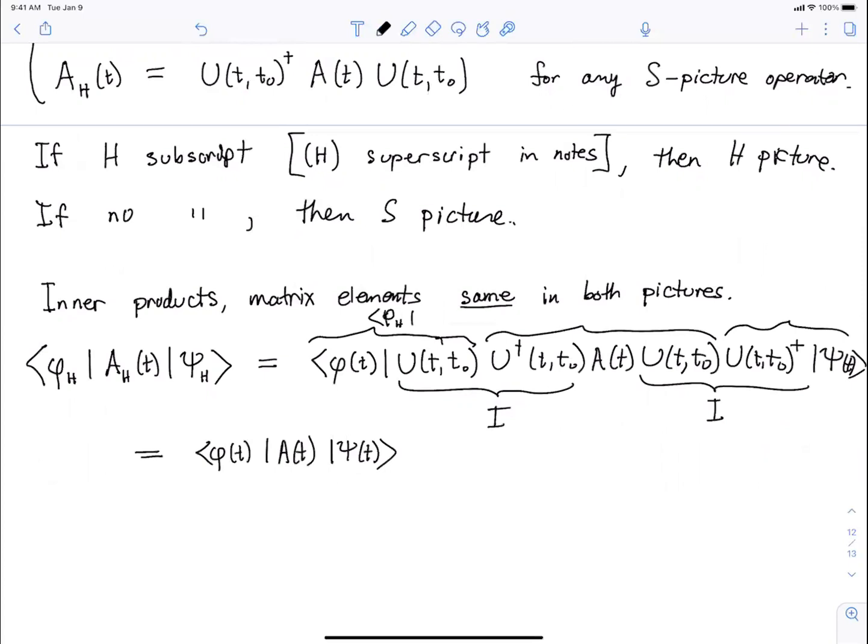That's showing that the Heisenberg picture matrix element of any operator is equal to the Schrodinger picture matrix element of any operator. Professor, yes, I'm sorry, I lost you a minute. So that left one is phi. That middle one you said is A. Right, this is just A H of t. And what's that right one? So this is going to be psi H. Thank you.